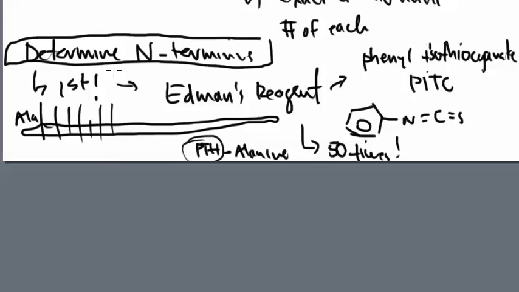The problem is that all of these side products begin to accumulate in the actual protein solution, and that begins to interfere with the products. So it's these side products that begin to take over the protein after a certain point, and then you're going to have to clean up and do something else with your protein other than Edman's reagent.